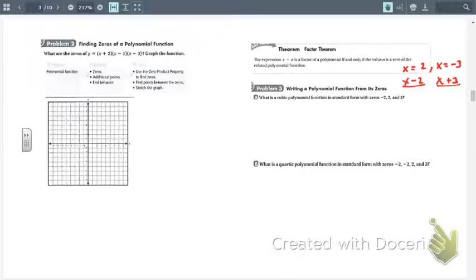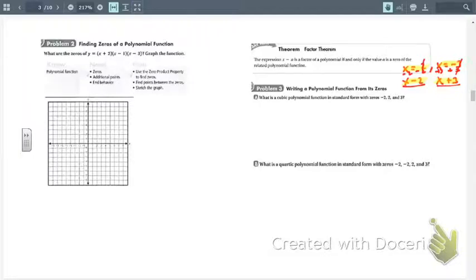So these would be the solutions, and because those are the solutions, you would know that those would have to be factors. What you notice here is that you're basically getting everything on the same side of x. So you're subtracting 2 from both sides there. You're adding 3 to both sides.